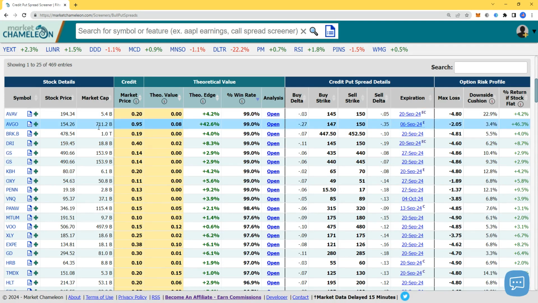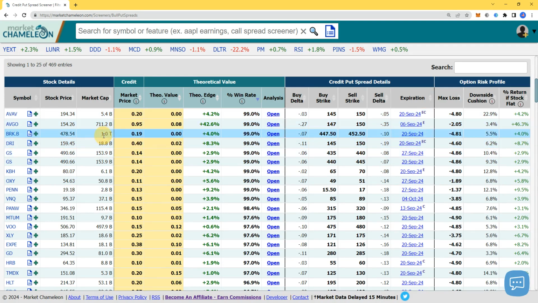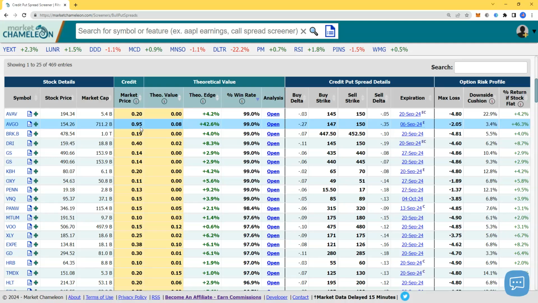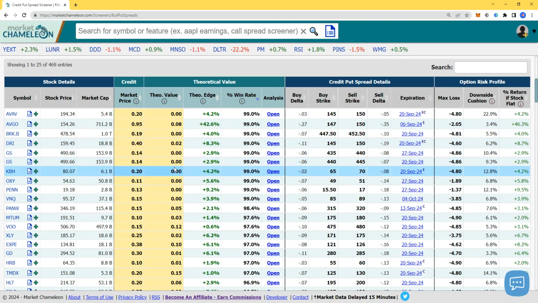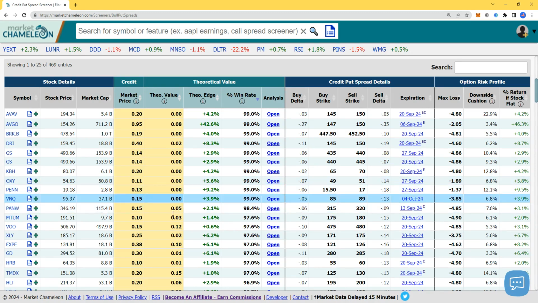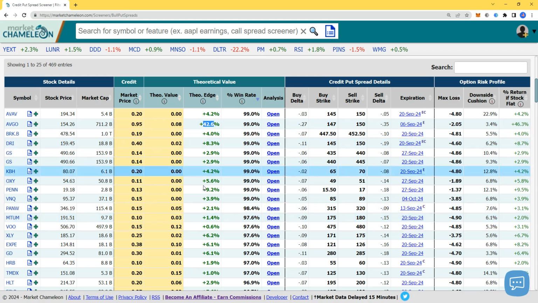But let's see what we got. Avago, Goldman Sachs, Berkshire Hathaway, and you see here you're collecting compared to 0, compared to 0, compared to 0, stuff that doesn't have any value, but there is value because of implied volatility, because the stock is still trading and all that stuff, and you can just go and filter as you wish.